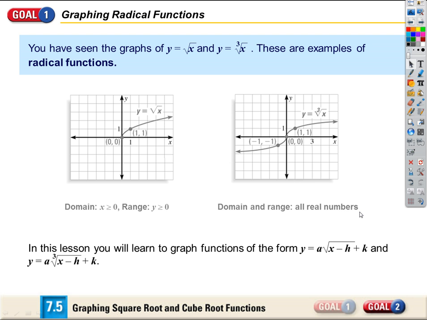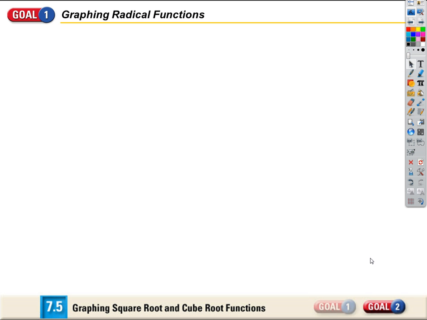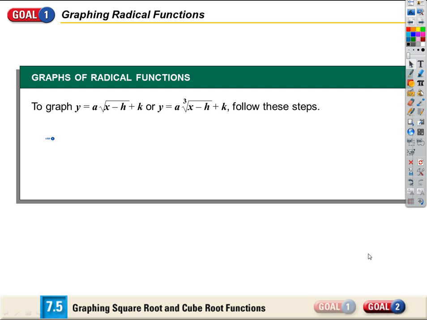Okay? So if we want to move this thing around then, we could add this x minus h inside the radical, subtract h from x, and that's going to be the x coordinate of that special point, and k is going to be the y coordinate for both functions, a square root and a cube root. So let's just try this then. What do you think is going to happen with, okay, so if we want to sketch these things, now we've got 2 steps.